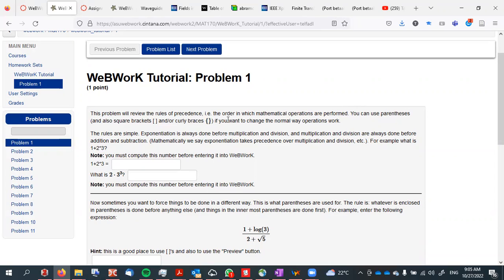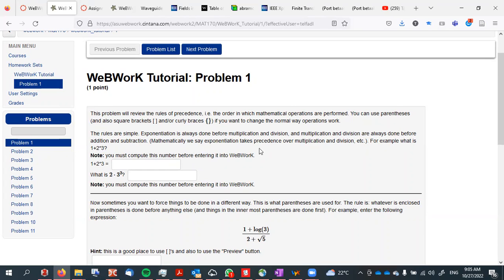If you want to change the normal way of operation. The rules are simple. Exponentiation is always done before multiplication and division, and multiplication and division are always done before addition and subtraction. Mathematically, we say exponentiation takes precedence over multiplication and division.